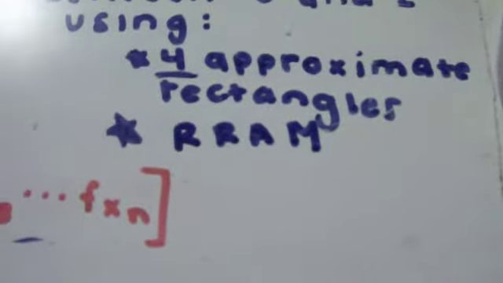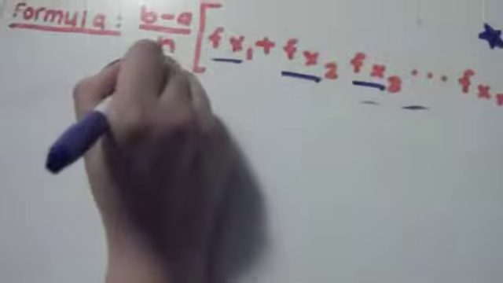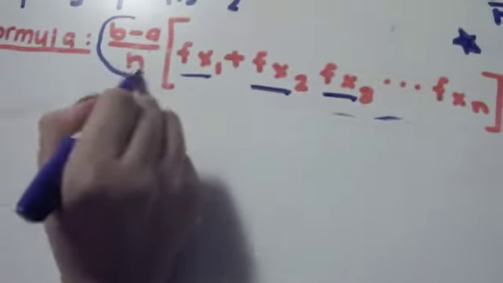Right now I'm going to show you how to find delta x. In this problem we're going to use RRAM, and in my second problem, I'll use LRAM for the same function. So first we're going to find delta x, which we use this little fella right here.